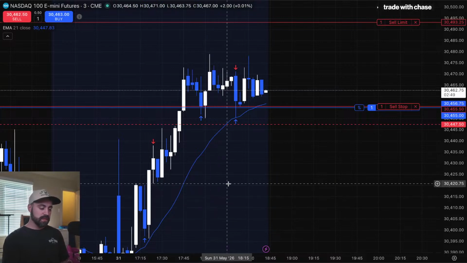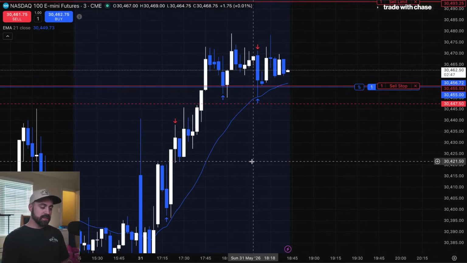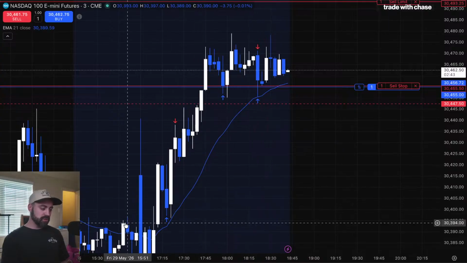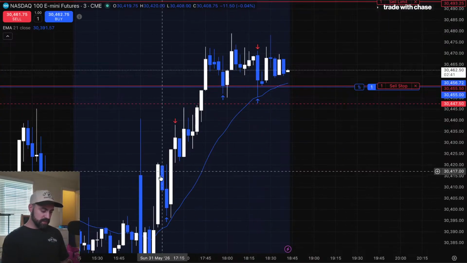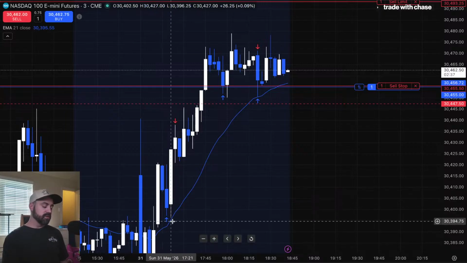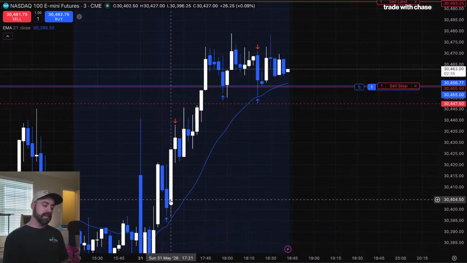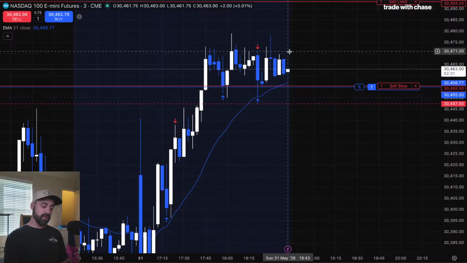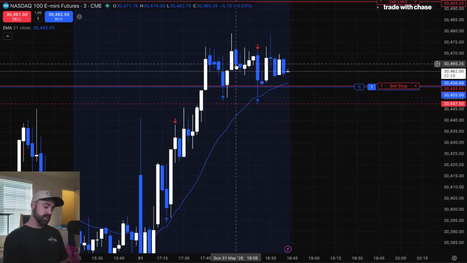I'm trying to just kind of take base hits right now, but my actual strategy is to take this bounce like we did down here off this 21 EMA and then basically stay in it until we break the 21 EMA, which we've not done.